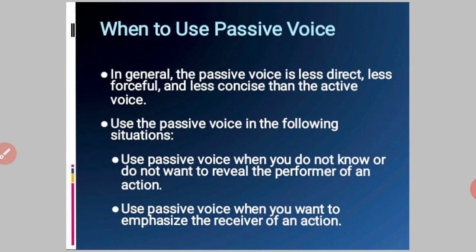For example, one very interesting example of this is your newspaper. Have you seen in a newspaper that the headings of the articles are mostly in passive voice and the verb is missing? Have you ever observed? Never ever, I don't think so. But those who regularly read newspapers, they know. Okay?